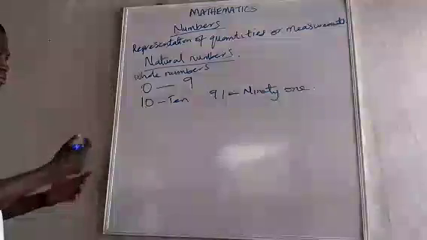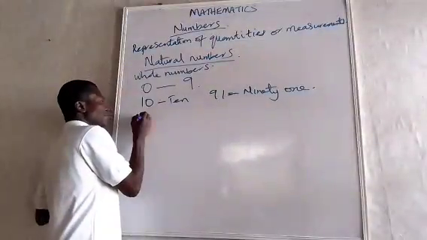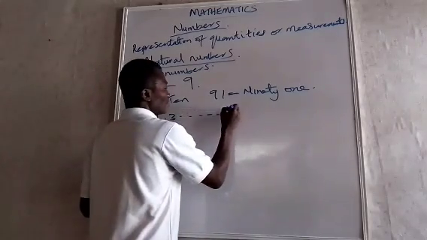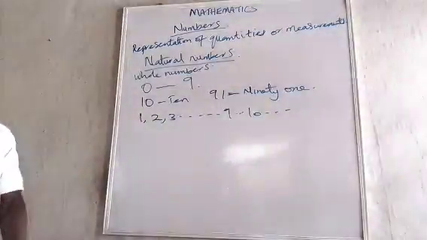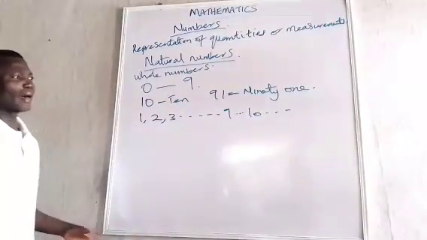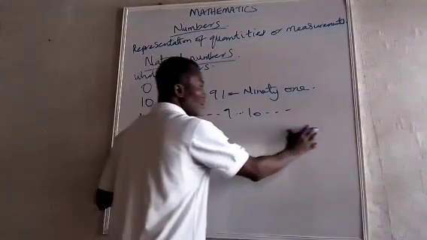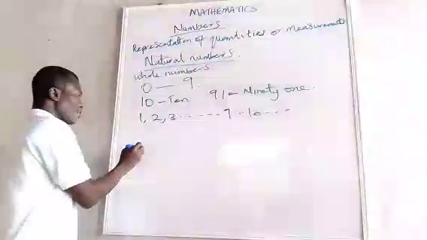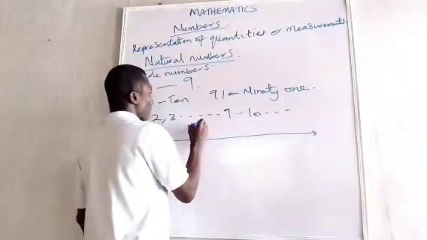When we start learning numbers, we start from 1, 2, 3, up to 9, 10, like that. So you can see it's a mixture of these. And what we know is that as we move along, the numbers are increasing. You can represent this on a straight line, which we refer to as a number line.